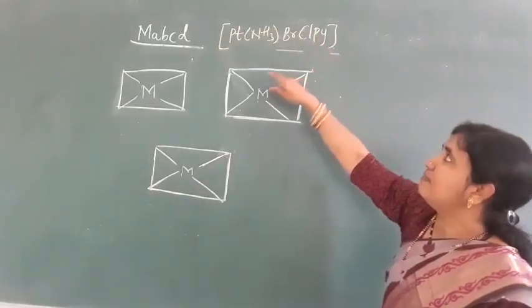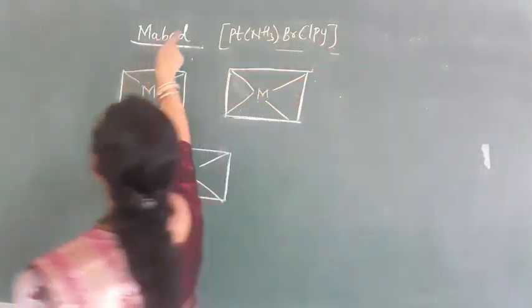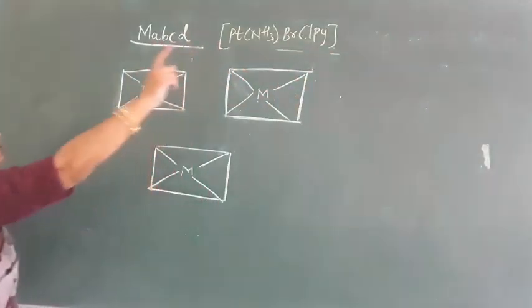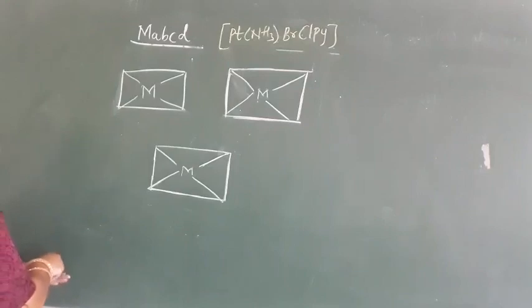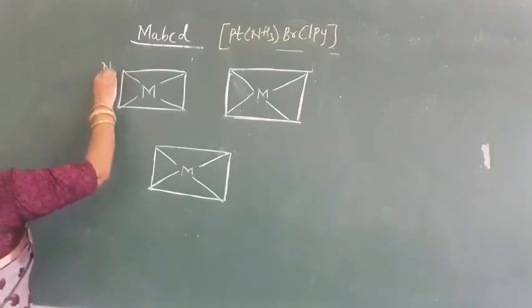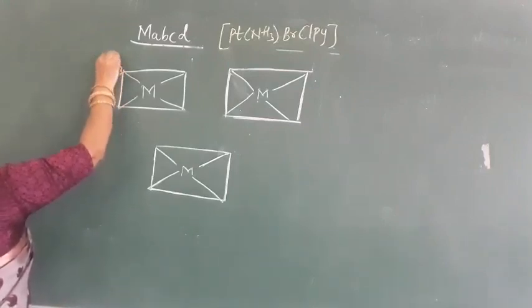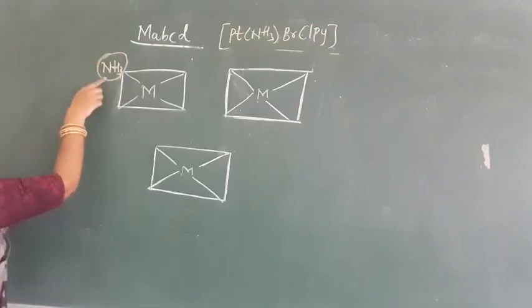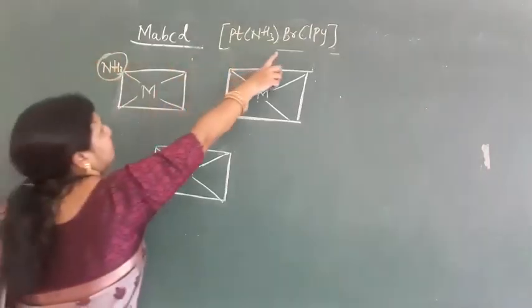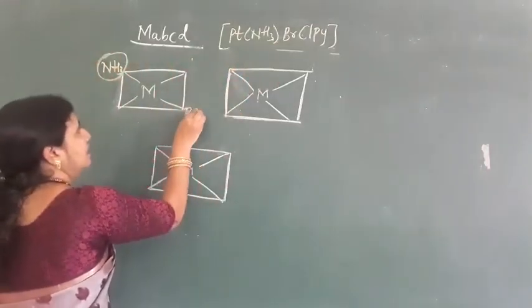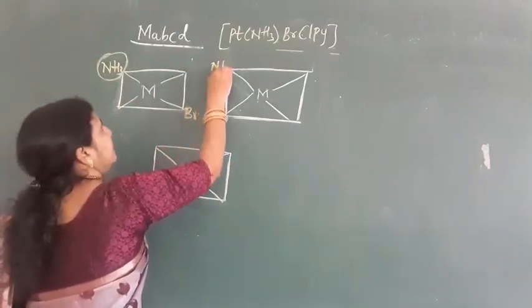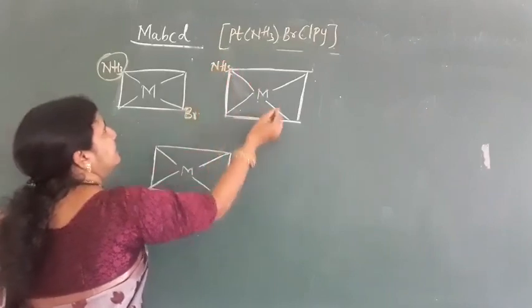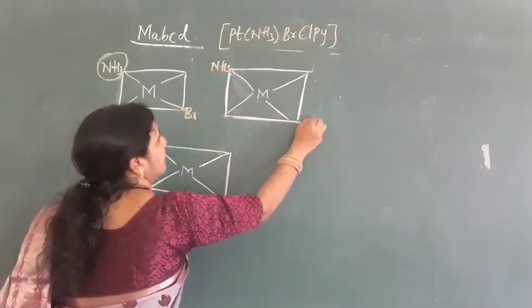Okay, this is the example, platinum. All the four ligands are different here. So how can we put them? NH3 we will keep fixed. With respect to NH3, next to it Br will be in trans position. In the next case, this is our NH3, and next we put Cl.